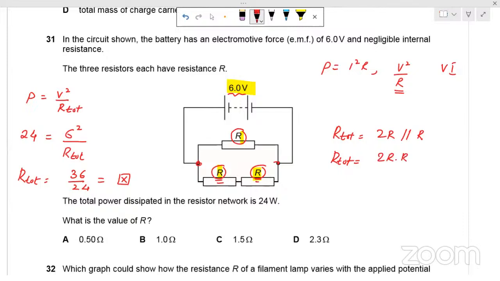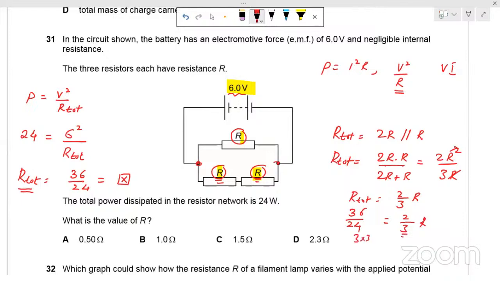So 2R times R divided by 2R plus R. That gives you 2R squared divided by 3R, so R total is 2/3 R. You will find R total from the expression you already know, which is 36 divided by 24, equal to 2/3 R. So R will be 3 times 36 divided by 24 times 2.